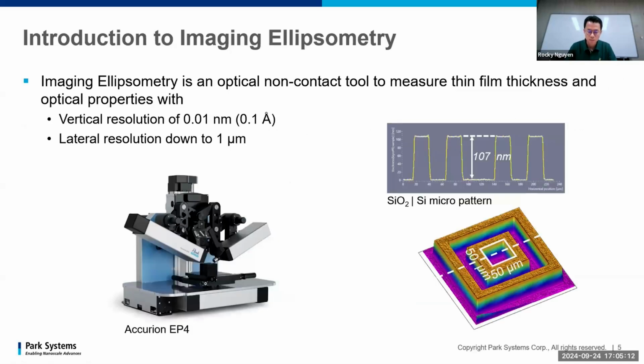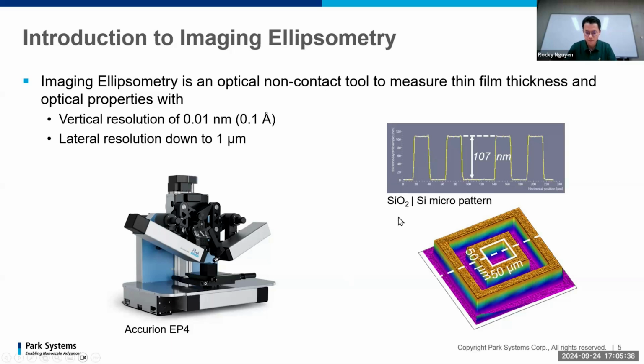So at POC Systems, we're using imaging ellipsometry. Imaging ellipsometry is an optical non-contact tool that allows measurement of thin film thickness and optical properties with a very high vertical resolution down to 0.1 angstrom and a very high lateral resolution down to a single micron.